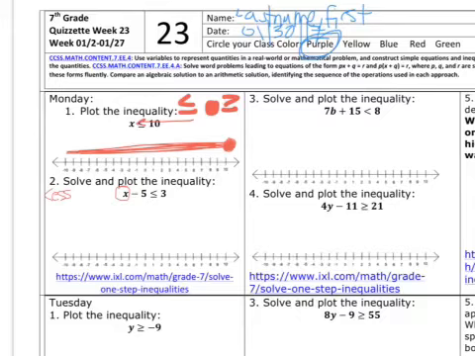I want to do the additive inverse of negative 5, and the additive inverse of negative 5 is positive 5. What I do to one side of the inequality, I have to do to the other side to keep it balanced. Negative 5 plus 5 is just 0, or I can just write x down here. It's less than or equal to 3 plus 5, which is 8.